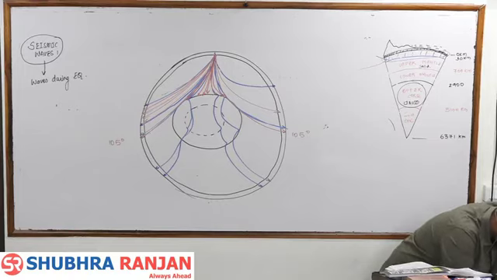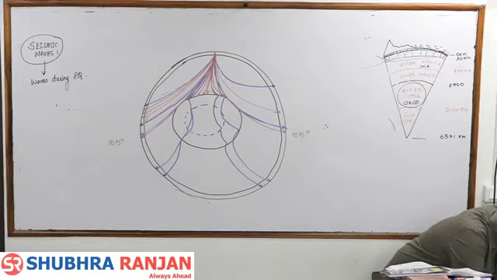Third point, it travels with more speed if the density is great.